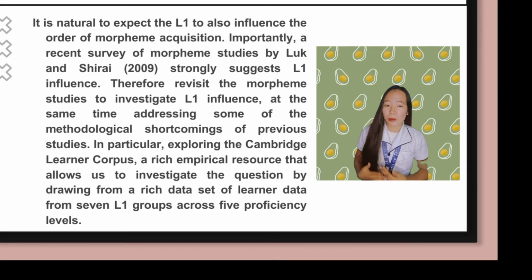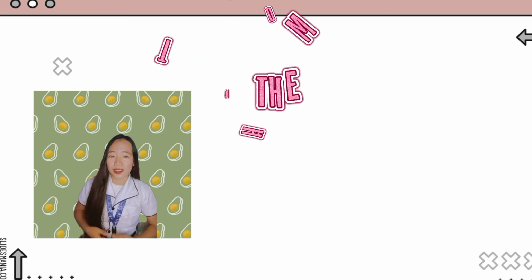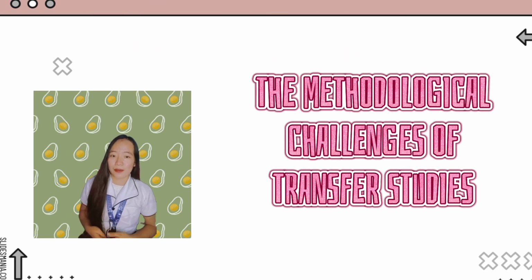Therefore, we revisit the morpheme studies to investigate the first language influence, at the same time addressing some of the methodological shortcomings of previous studies. In particular, we explore the Cambridge Learner Corpus, a rich empirical resource that allows us to investigate the question by drawing from a rich dataset of learner data from 7 first language groups across the 5 proficiency levels.